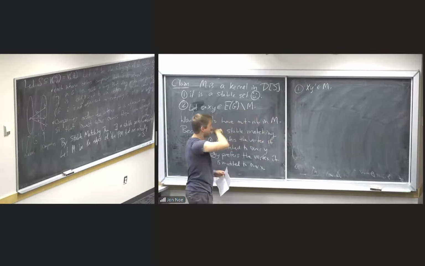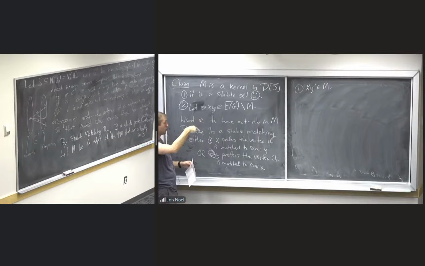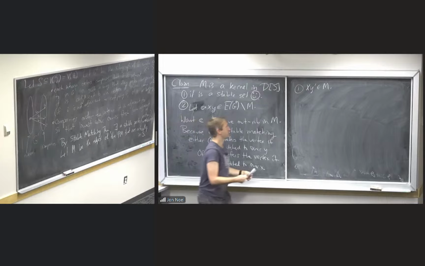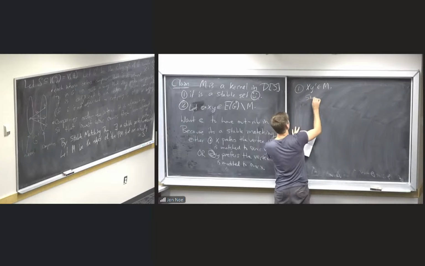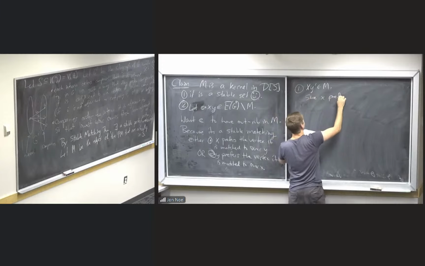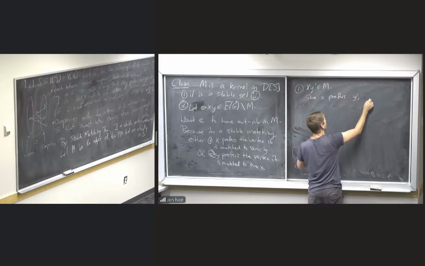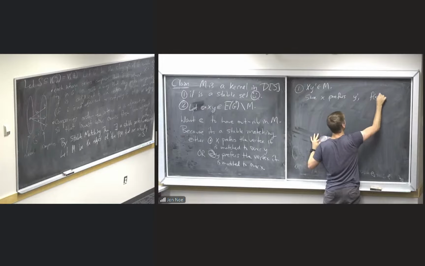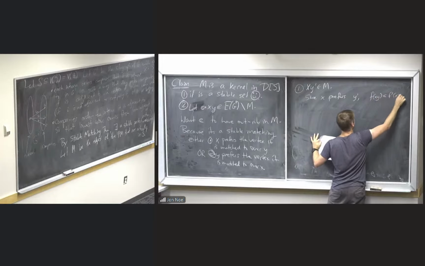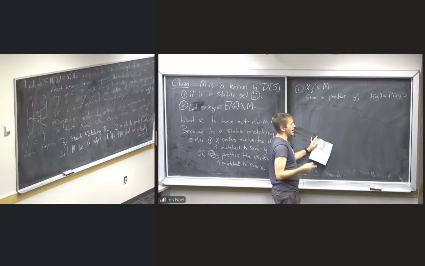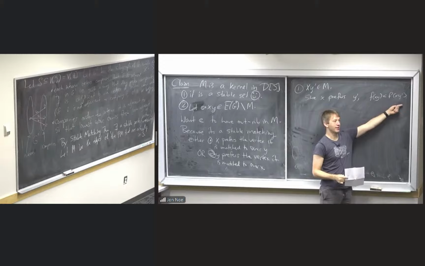X prefers Y prime over Y. That means that the color of the edge XY prime must be higher than the edge XY, right? So since X prefers Y prime, we get that f of XY is less than f of XY prime. But then that's exactly the condition for this edge to have an arc to that edge.